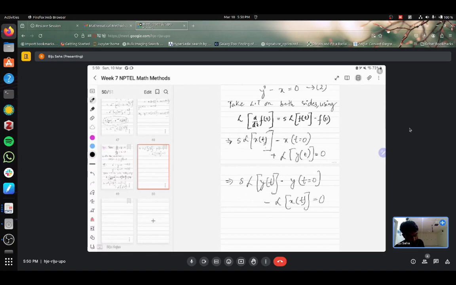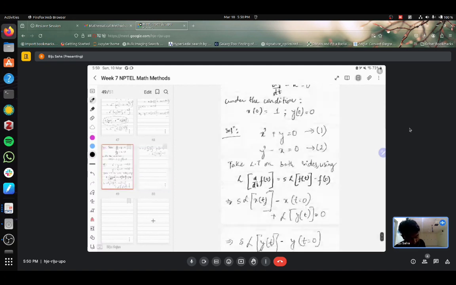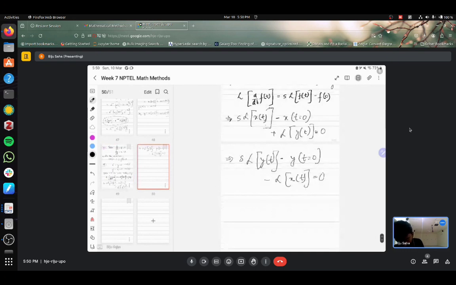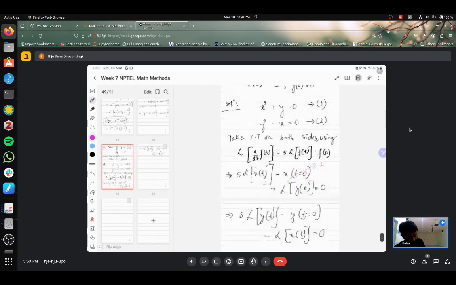Now you put the boundary condition values. At t equal to 0, x is 1, and at t equal to 0, y is 0.